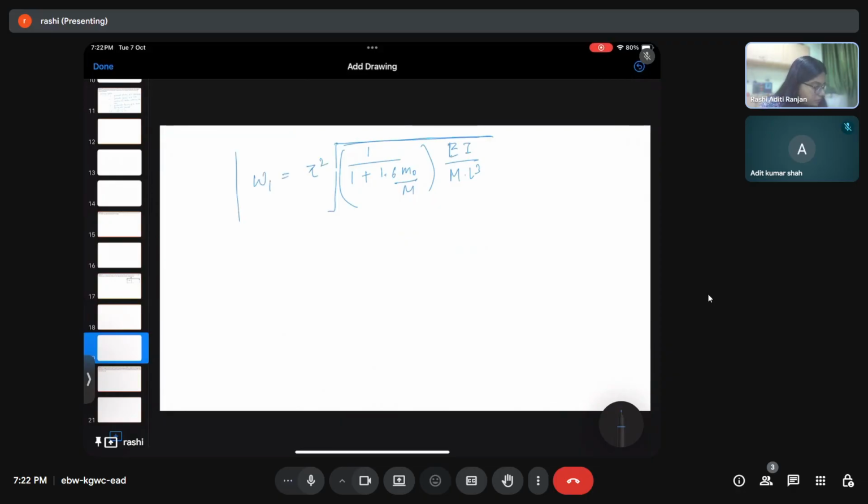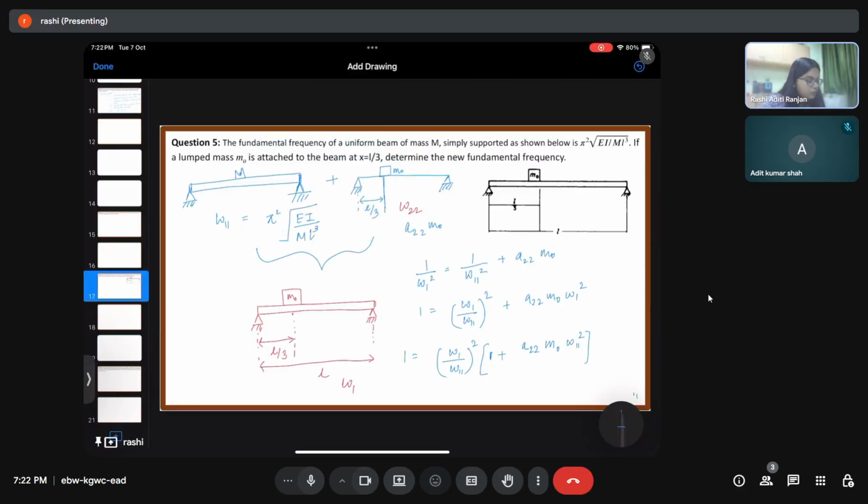This is the frequency of the system that is given to us, which is the simply supported beam of mass capital M, which has a small mass m naught placed over it at a distance of L by 3. Okay, I hope this is clear.